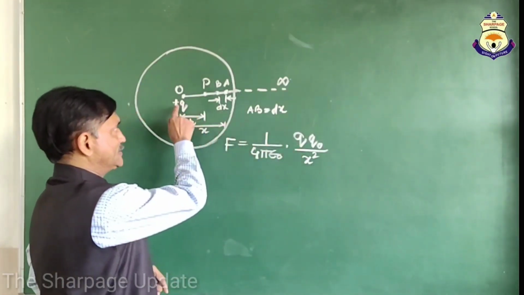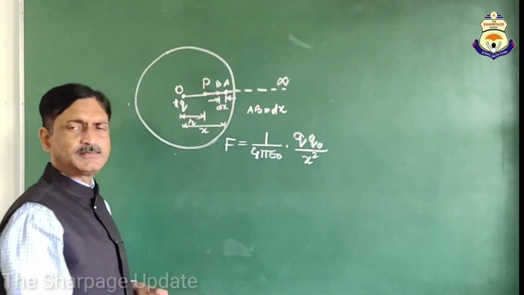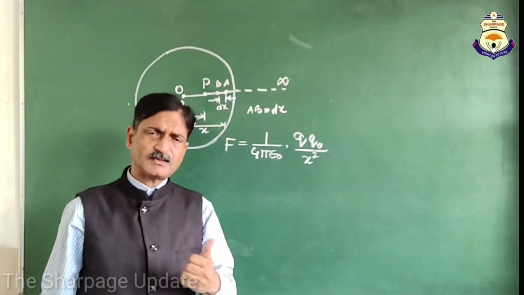Now here Q1 is the charge Q and Q2 is the unit positive test charge.